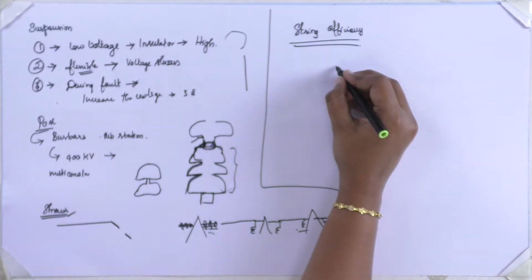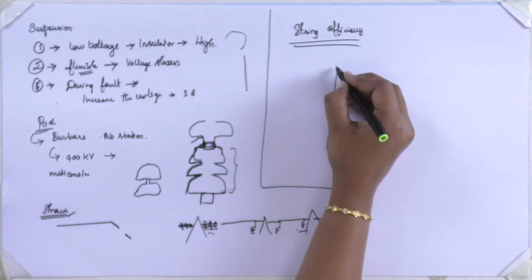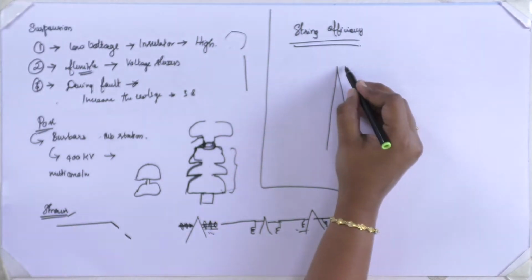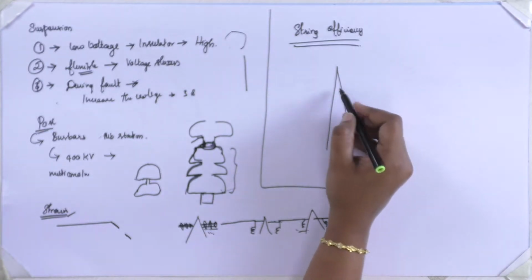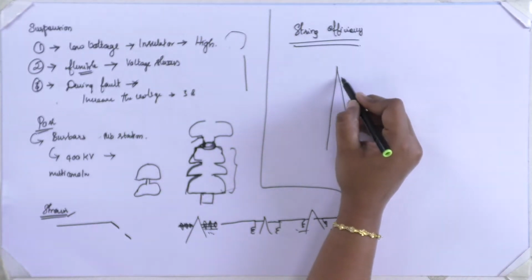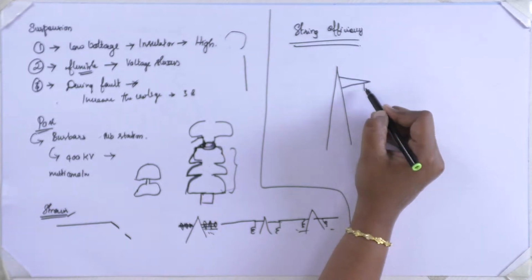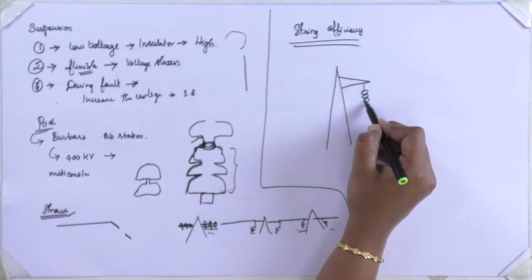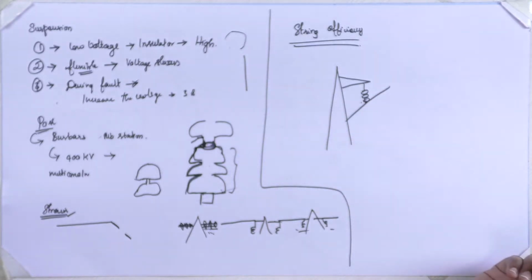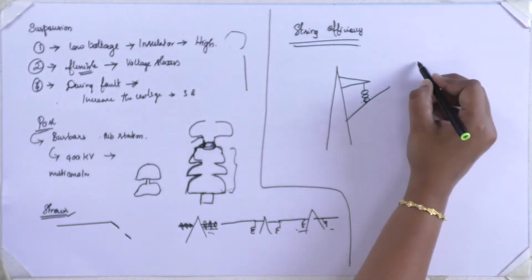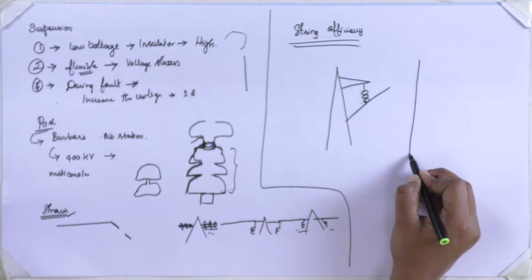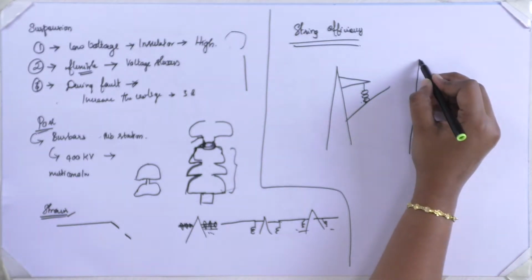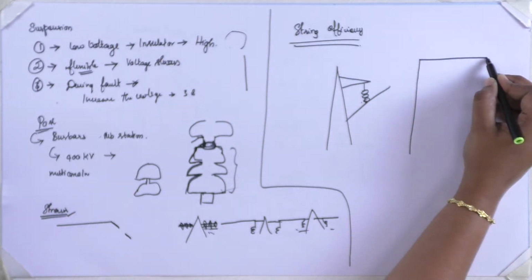So first, this is my tower. For calculation, this is my tower, there will be a cross arm, and on the cross arm I will put the insulators like this, and below the insulators my transmission line system is there. For the electrical equivalent, this is my transmission line tower and this is my cross arm.